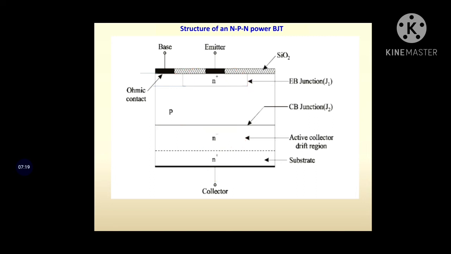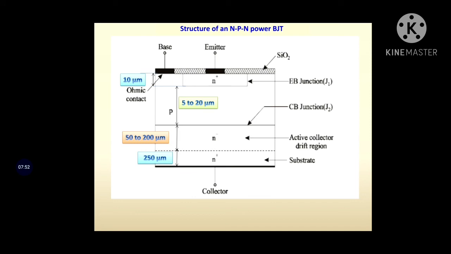Now let us see the thicknesses, which is very important to know. First is the thickness of the emitter region, which is 10 micrometer or 10 micron. Secondly, the thickness of the base region varies between 5 to 20 micrometer. Then, the thickness of the collector drift region varies between 50 to 200 micrometer.